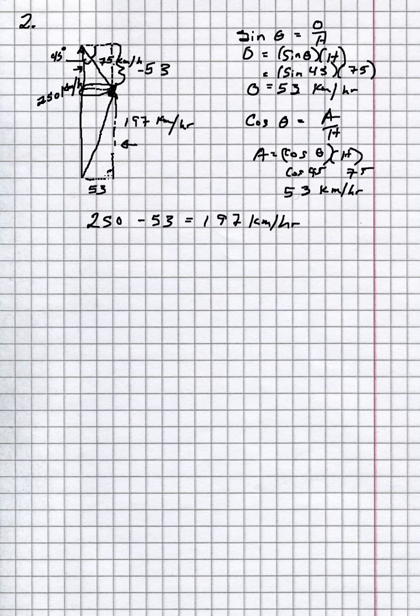Now we've got our right angle here, and we can find our resultant, which is the hypotenuse of that triangle. We can find the hypotenuse using good old Pythagorean theorem. a squared plus b squared equals c squared. So we've got 197 squared plus 53 squared equals 41,618, but that is not my answer because I want c, which means I have to take the square root of all that.